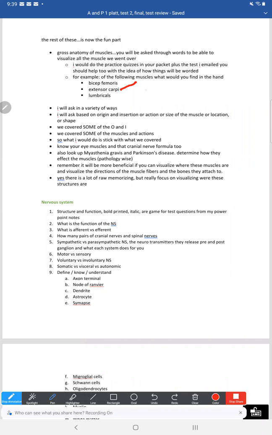Now that is technically the wrist, and the wrist and the hand are 2 different things. So the lumbricals are actually within the hand, and they are in between the metacarpals. So that would be the correct choice.